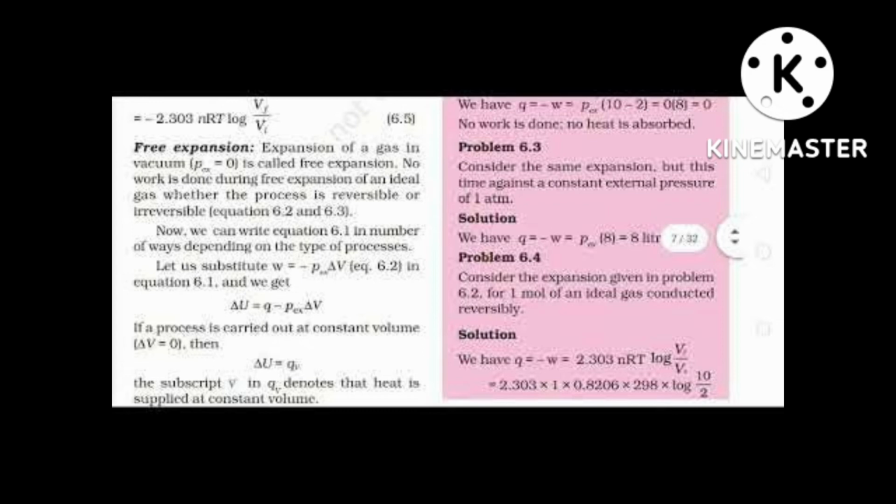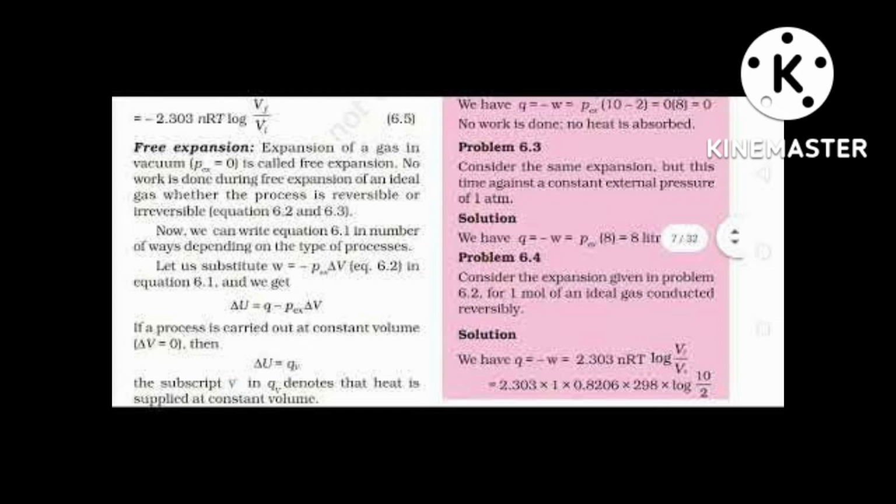Q is equal to minus W. Here you will apply Q is equal to minus W, because you have to calculate how much work is done, and also how much heat is absorbed.